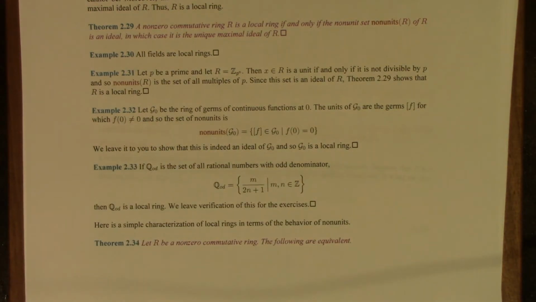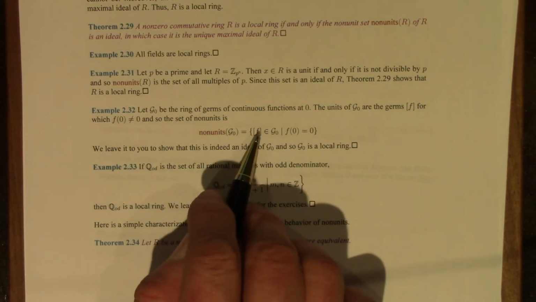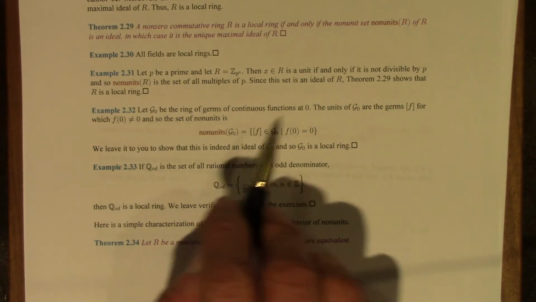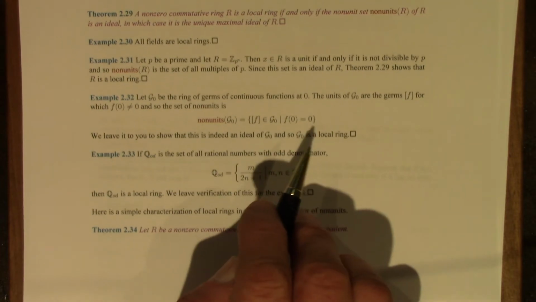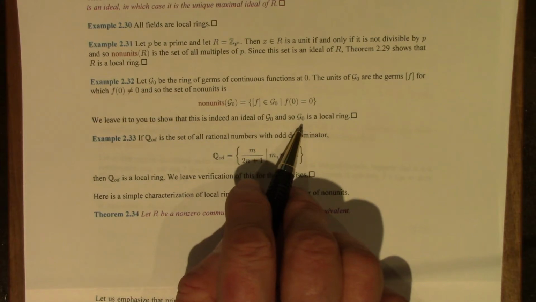Because these functions are continuous, if f of 0 is different from 0, then it's also non-zero, and in fact of the same sign, somewhere in a neighborhood of 0, and we can define an inverse. So the non-units of G naught are the germs [f] for which f of 0 is 0. And I'm going to leave it to you to show that that is an ideal, and so G naught is a local ring.